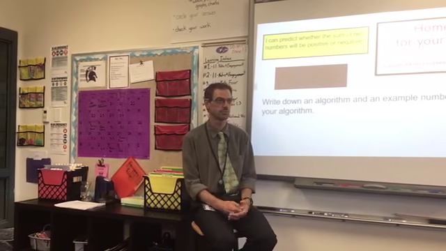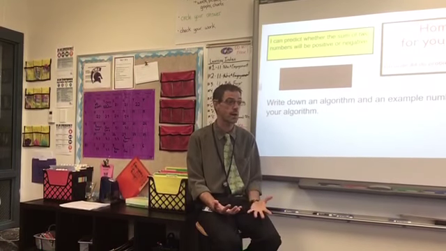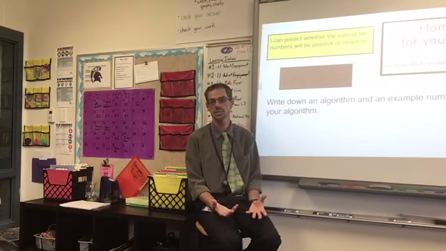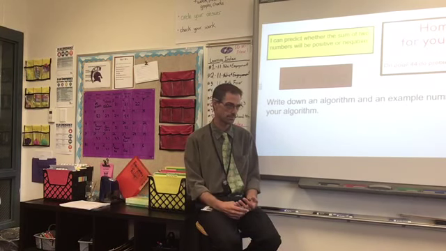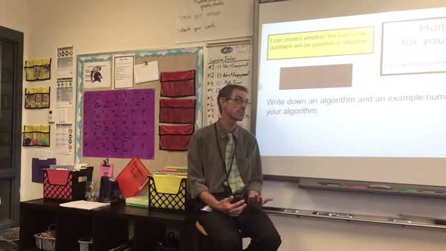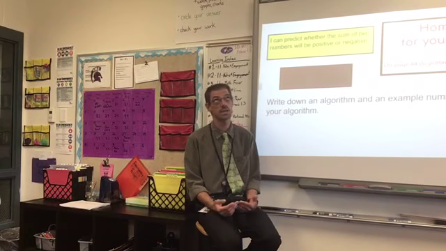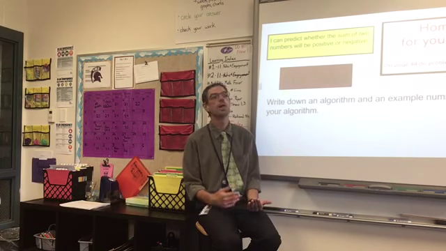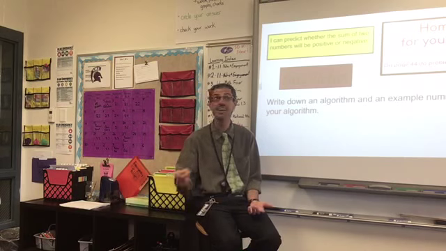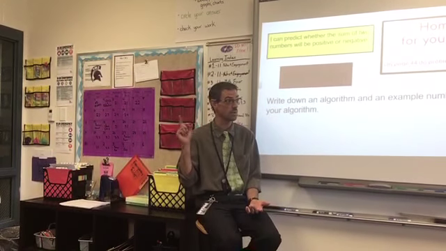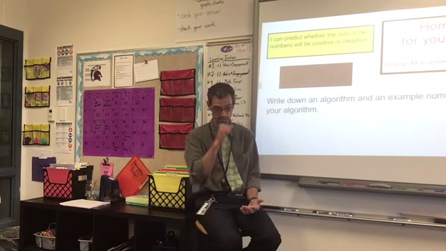If I know that I have two positives, I'm going to get an even greater positive. That gives me an idea of how to check my work. If I have a greater negative and a smaller positive, my negative has a greater absolute value than my positive, so I know my answer is going to be negative. And the absolute value of that negative answer is going to be less than the negative I started with.